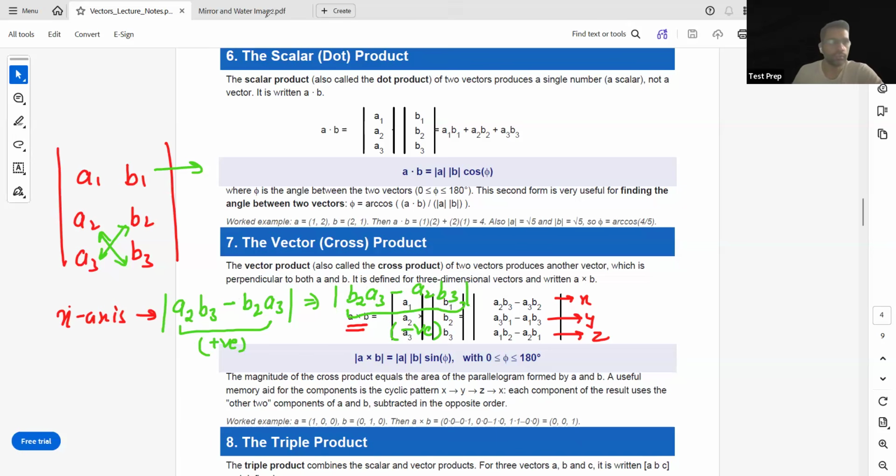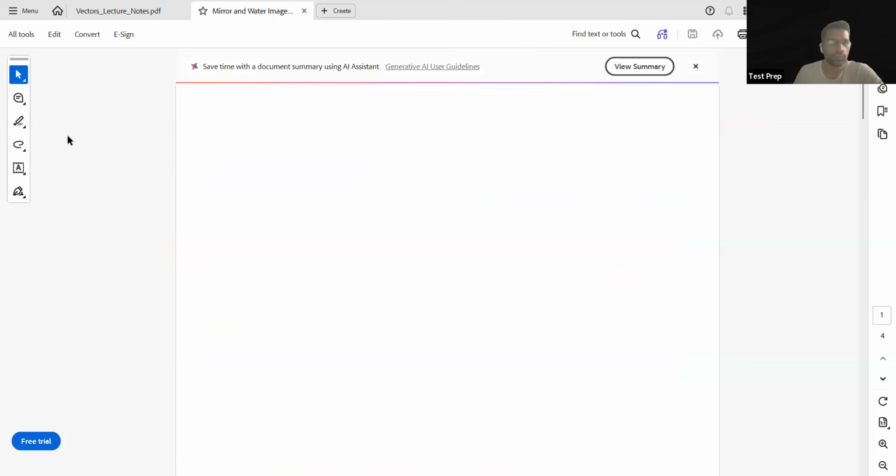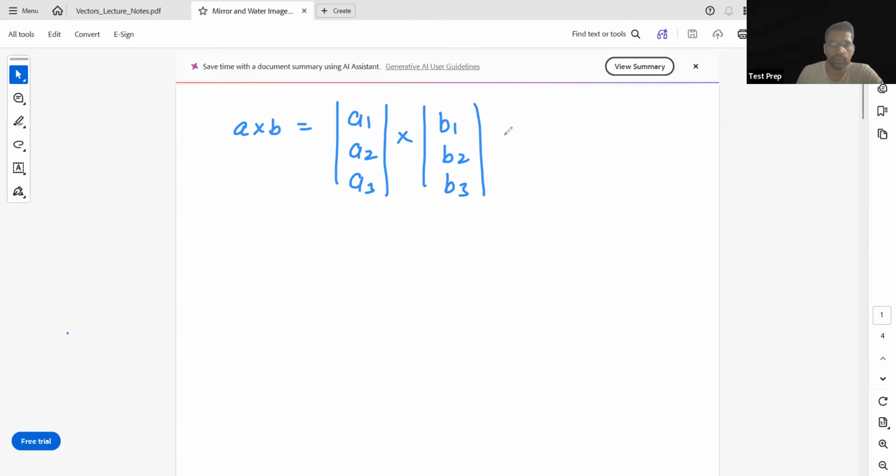One second, I'm showing you in another way. Now we have to find the A into B. And it is given A1, A2, A3, x-axis, y-axis, and z-axis, into B1, B2, and B3. So we have to find the cross product of these two.